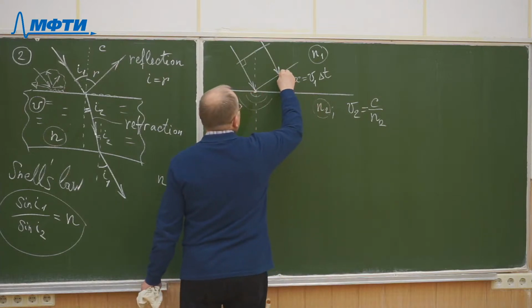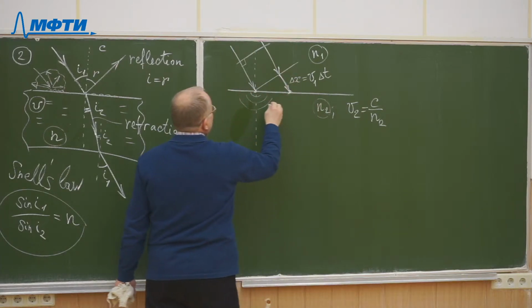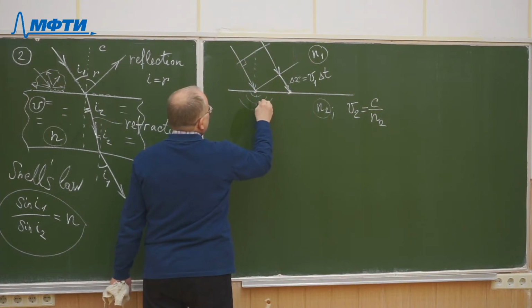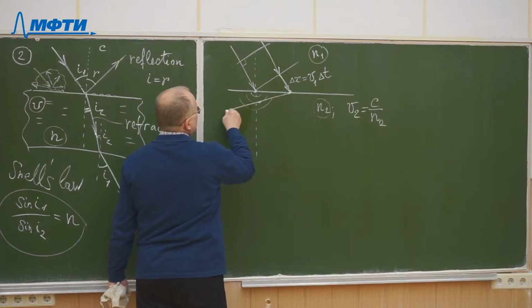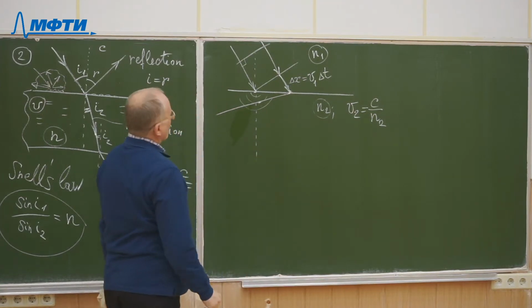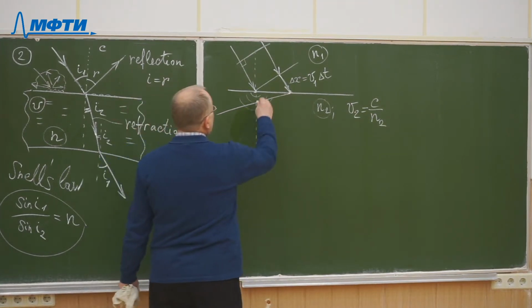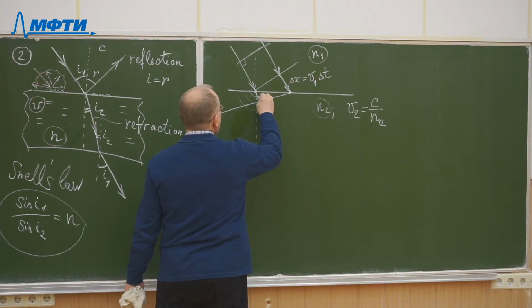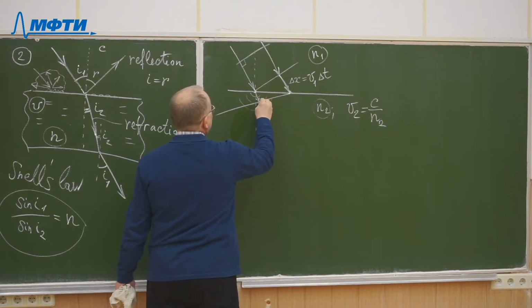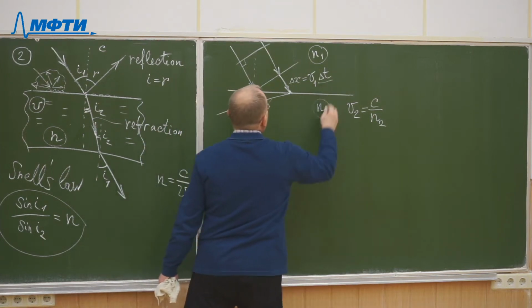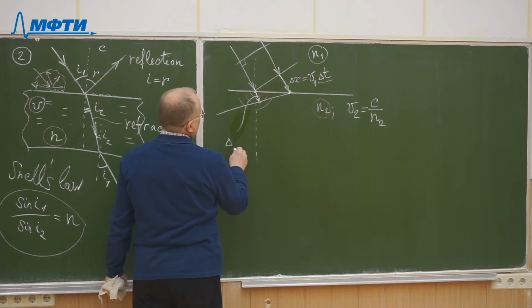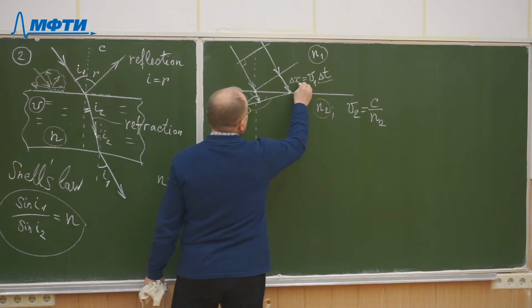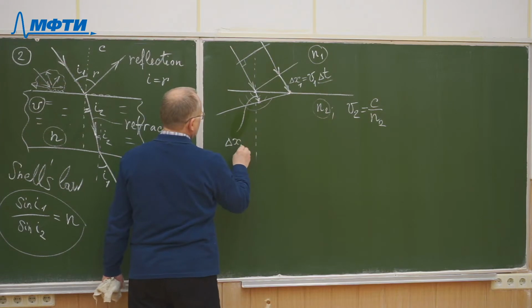It means that when the light comes to this point here, inside the medium it will go some different distance, so that the light front inside the medium will form at some different angle, and that will be the distance propagated by the light wave from this point to this point during time interval delta t. And this distance will be, for example, let it be delta x1, and that will be delta x2.